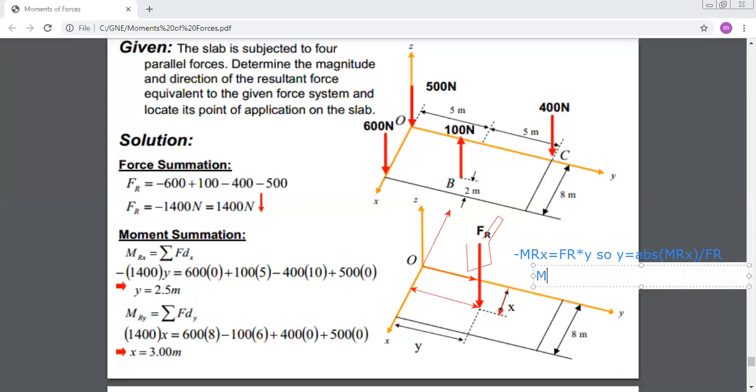You say that MRY is equal to Fr times x. So x, the distance I should displace in order to have equivalent system, is equal to MRY over F resultant. In this way, when I displace x and y, I am able to reduce my system to only one force without the need of any moment. Any question on this?